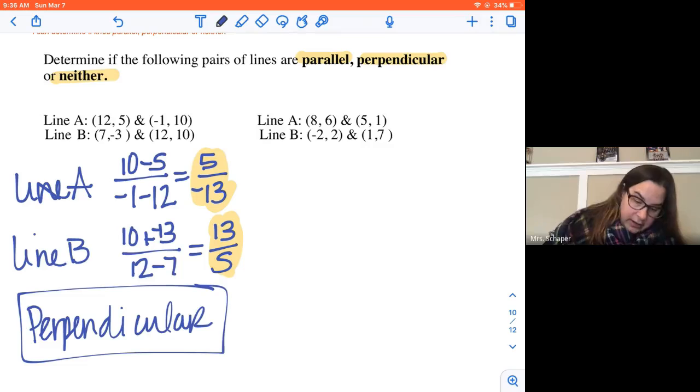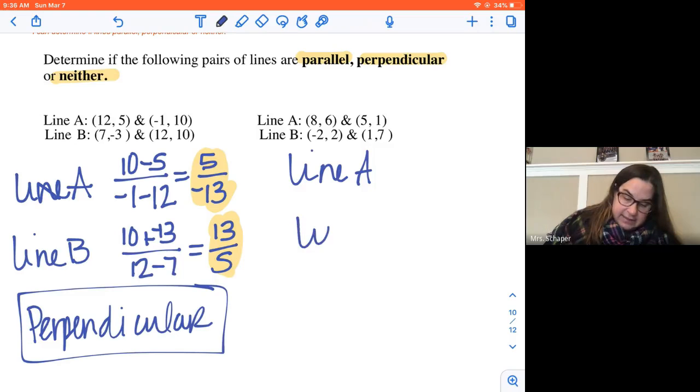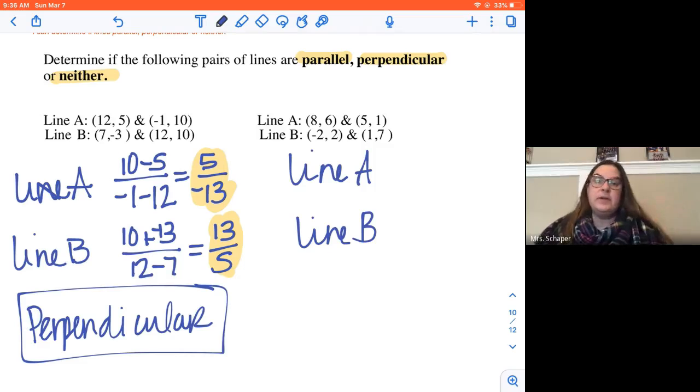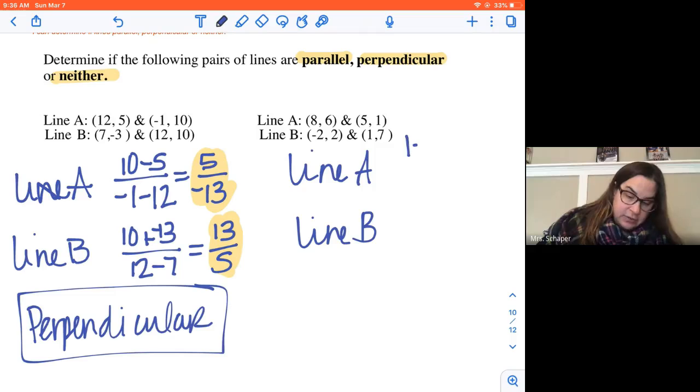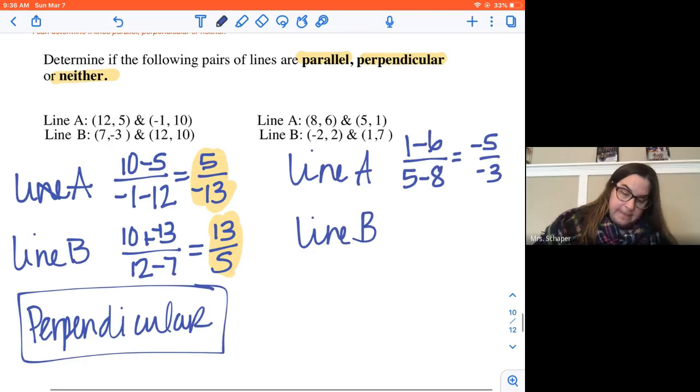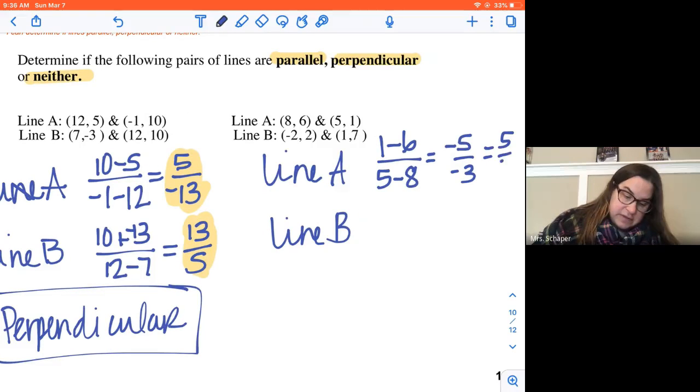All right, here we go. Next one. And this is what we're doing. We're using the slope formula from Unit 6. So again, continuing to build on the knowledge we've gained so far this year. All right, so line A, y sub 2 minus y sub 1 over x sub 2 minus x sub 1 is negative 5 over negative 3, which is 5/3. Let's look at the next one.